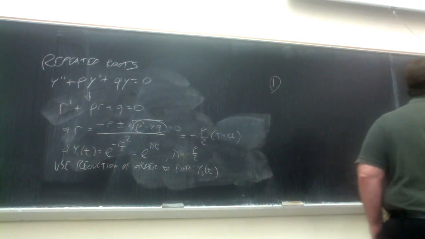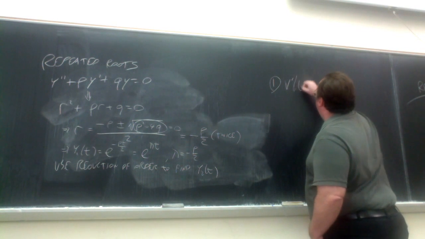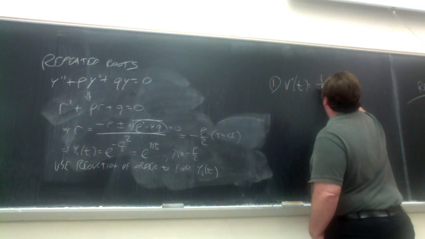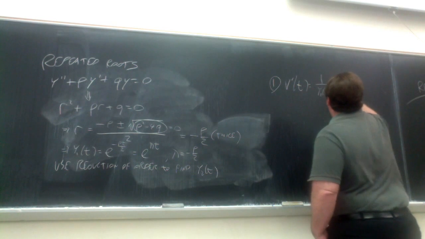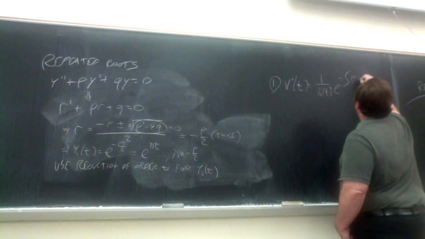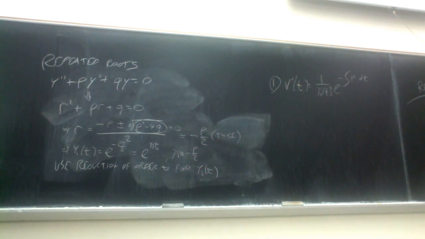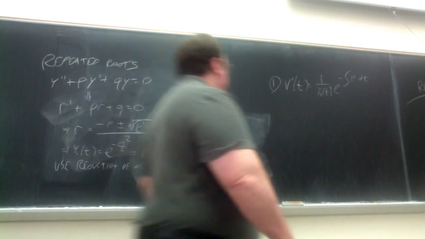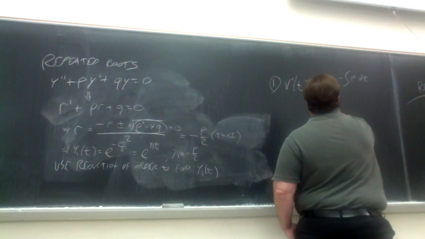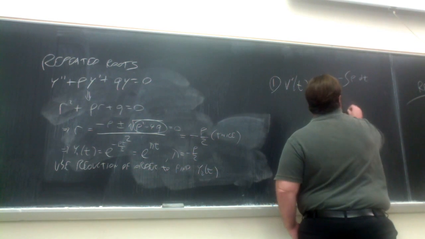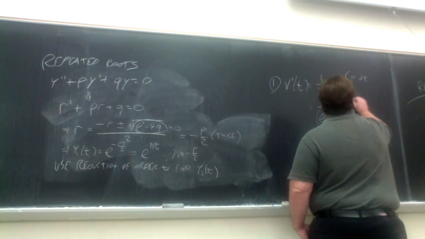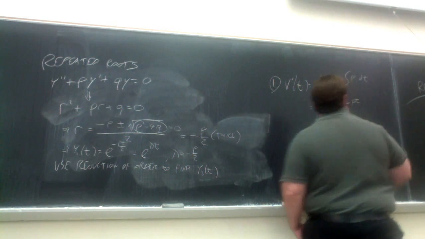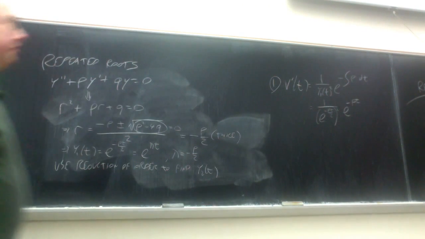We have v prime of t is 1 over y1 squared times e to the minus integral of p dt, where p in this case happens to be a constant. So we fill in what y1 is. It's e to the minus pt over 2, squared, and then we have e to the minus pt after evaluating the integral.